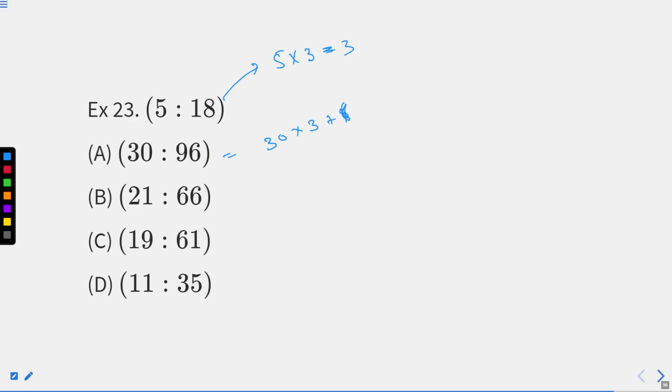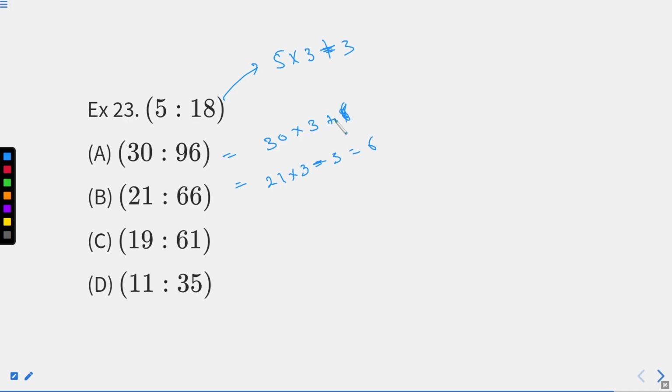I'm getting this. Plus 6 is here. 21 multiplied by 3 comes out to be 63, and minus 3 comes out to be 60, right? Multiplied by 3, which gives us, plus 3, right?